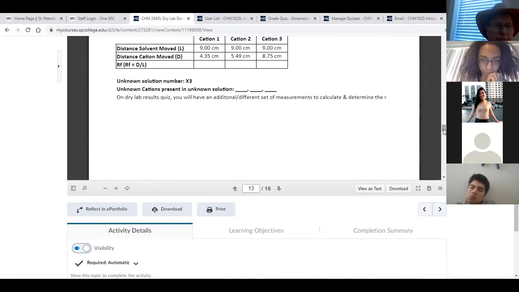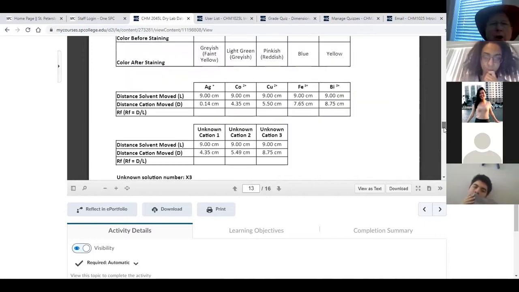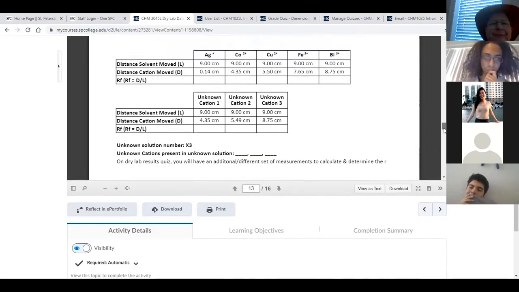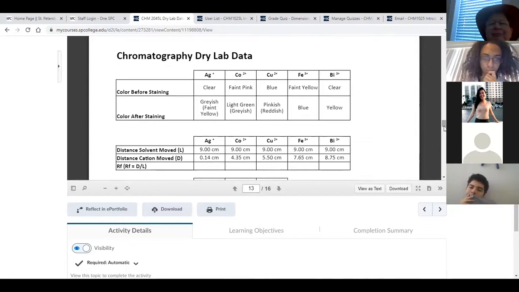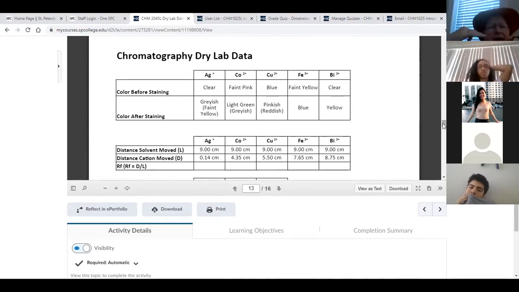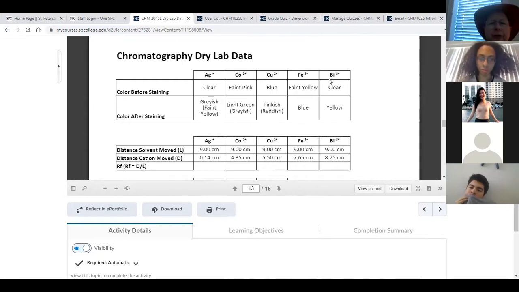Where do we get how the unknown stains? Faye, let me go into the report itself. That's where I was going to go right now. Bottom line, when you do a chromatography, you let it develop. Sometimes some of the solutions can be seen, others can't.